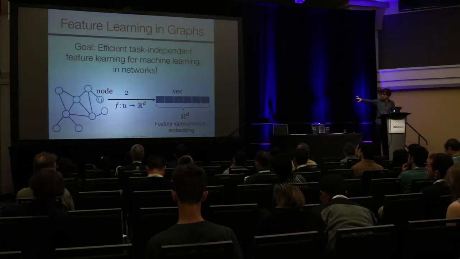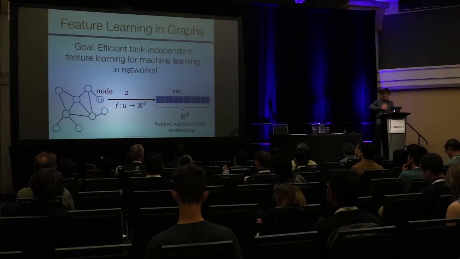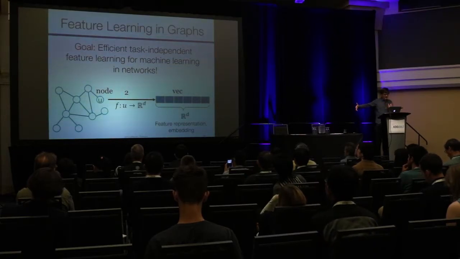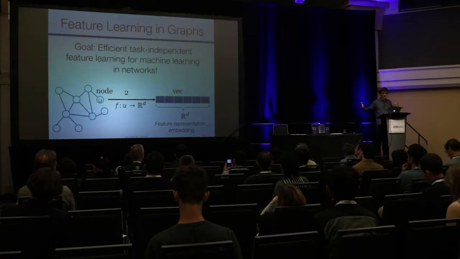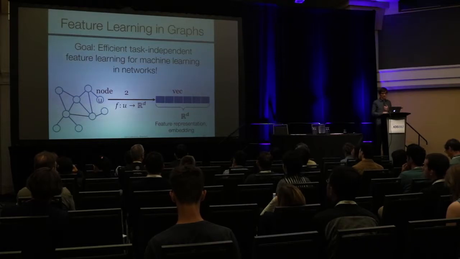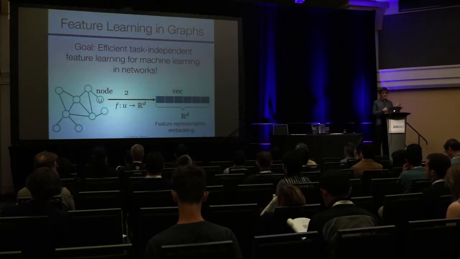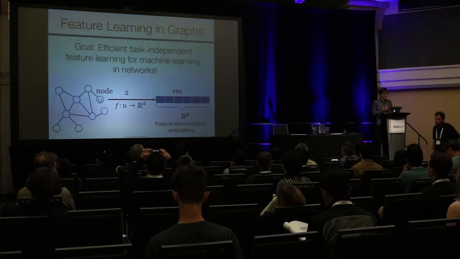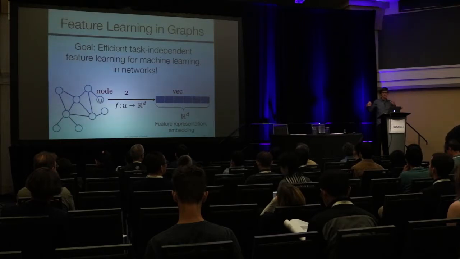For every node, you want to embed it in some d-dimensional space and think of this embedding as the feature representation of the node, and you'd like to do this in an automatic way. One simple thing would be to take the adjacency matrix and factorize it, using SVD or PCA or whatever you like, and then use those coordinates as embeddings.